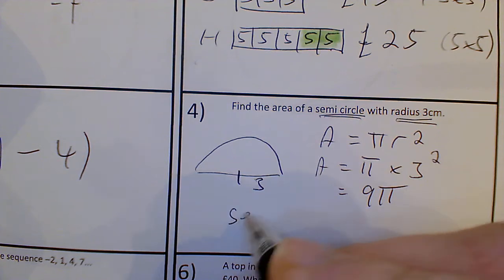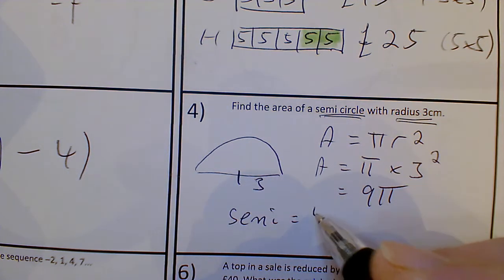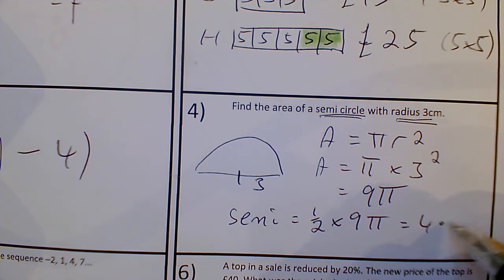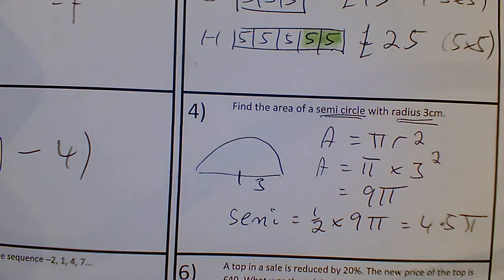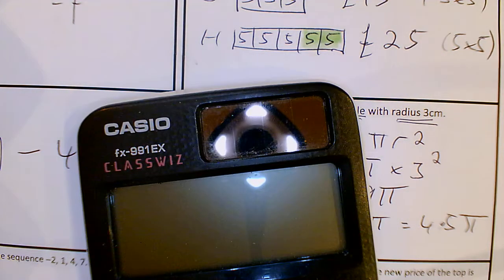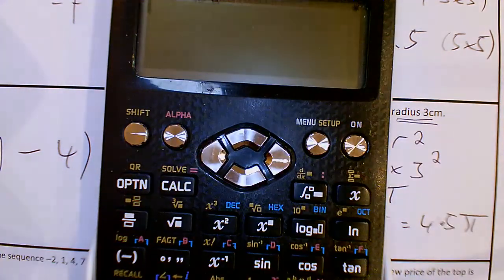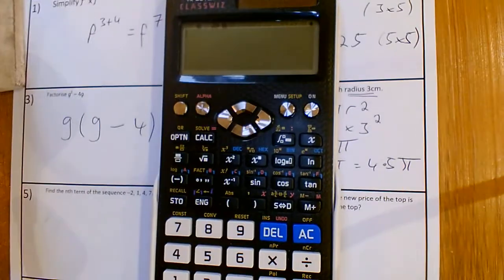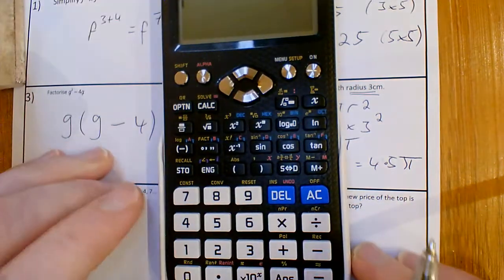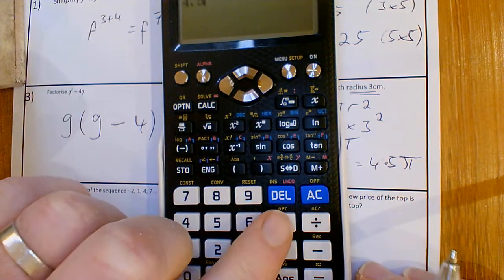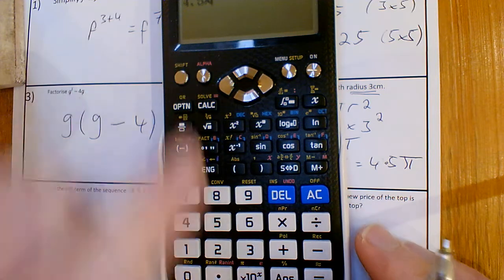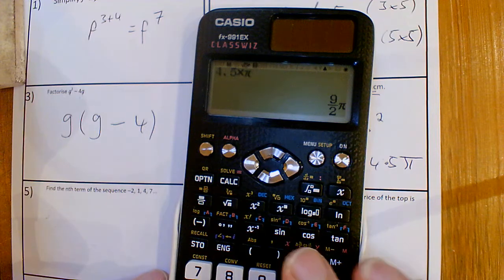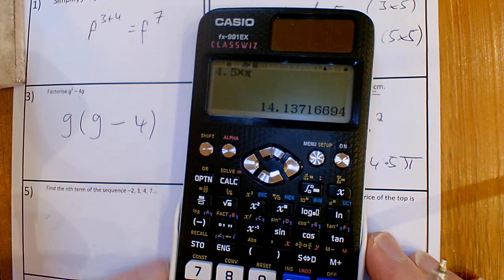So half of 9 pi is 4.5 pi. Now if I want to check that in terms of a decimal answer, I've got 4.5 multiplied by shift times 10 gives me the pi, and that equals, there you go, 9 over 2 pi, 14.14.